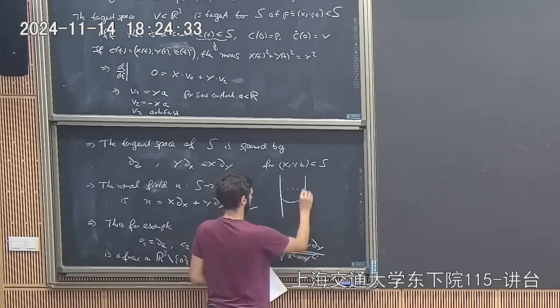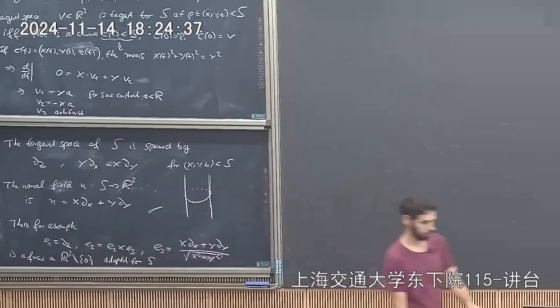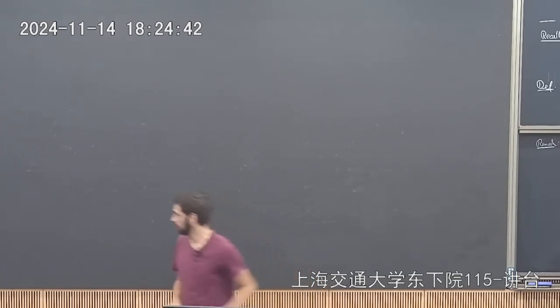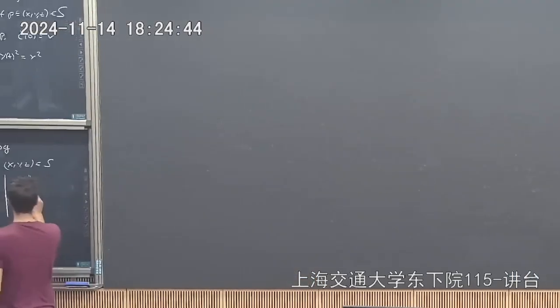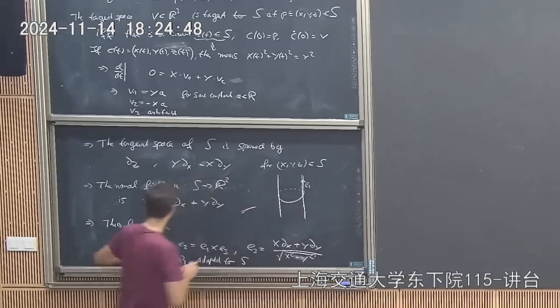So the picture is as follows. We have the cylinder, and E1 is pointing always in the z direction, so that's E1.